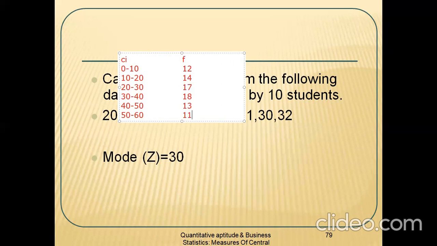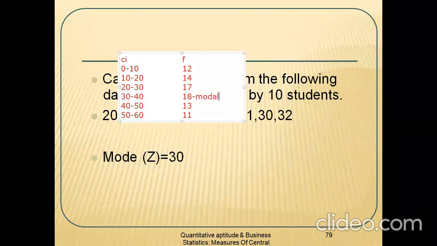Now how to calculate the mode here? First, out of the given frequencies, which is the highest frequency? If you observe, there are frequencies like 12, 14, 17, 18, 13, 11. The highest frequency here is 18. So the class with the highest frequency should be considered the modal class.